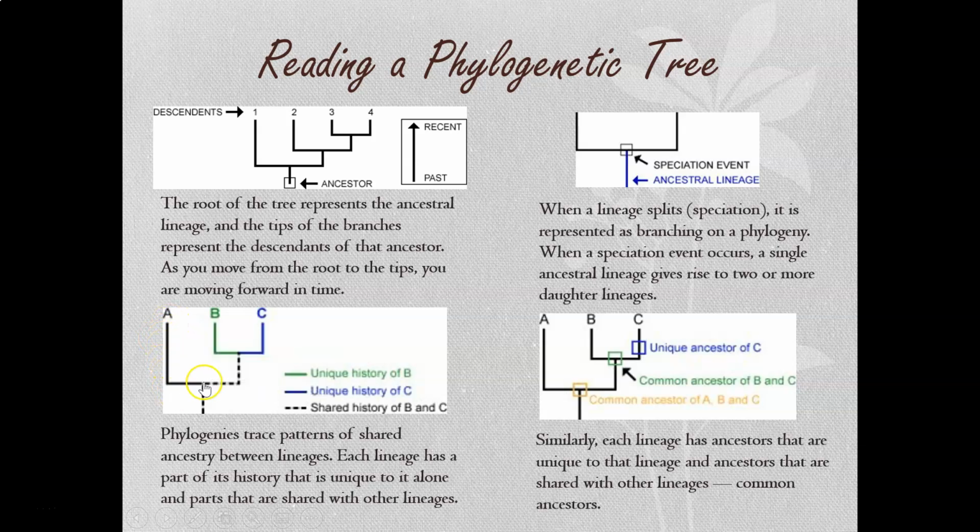If I look at the lines here, these are shared versus unique histories. So any point where that species is by itself, that is unique history to that organism. That doesn't mean that what they look like here is identical to what they look like now. It just means that they've branched off and their evolutionary history from that point forward was unique to them.